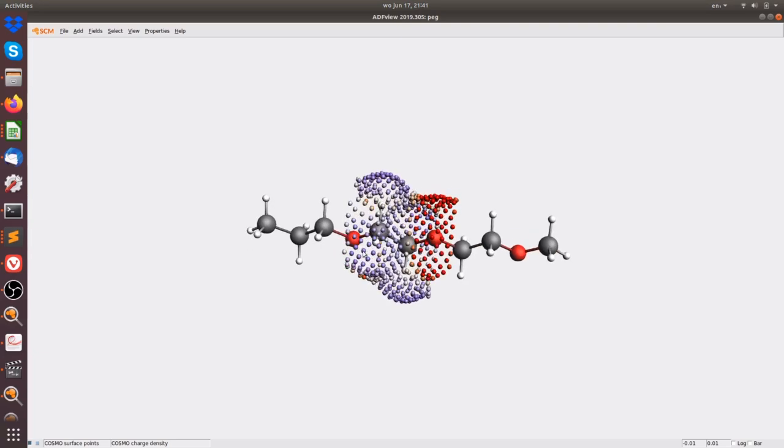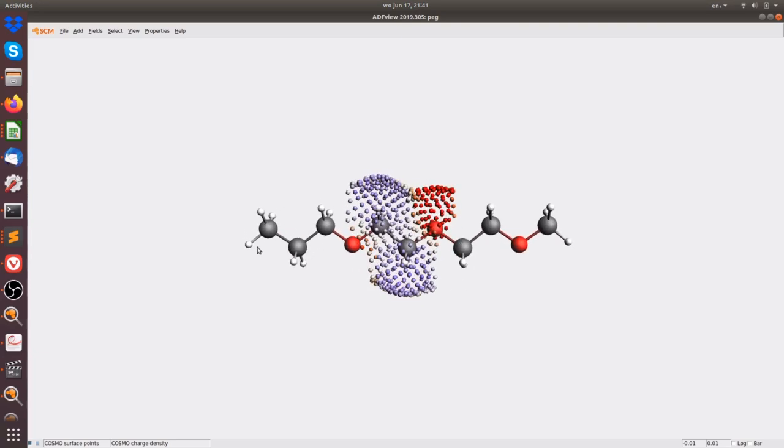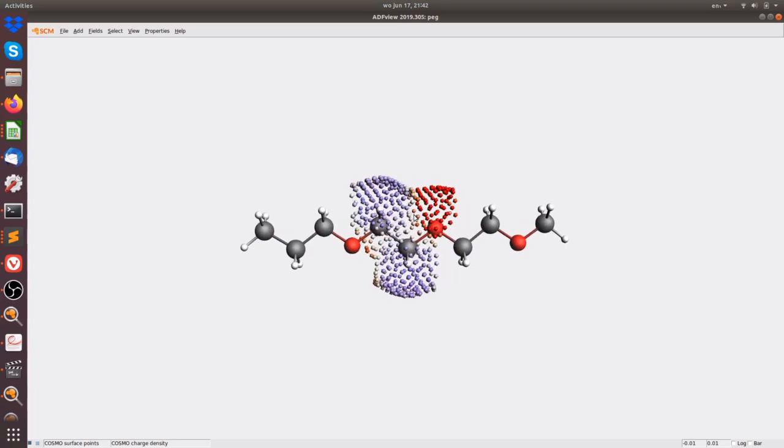Only these point charges are the ones that are used to calculate the profile, and the other monomers, the end monomers or the cap monomers, are not used at all. So this is the picture we wanted to see, and this is, as I described, part of the general theory of using polymers with COSMO-RS.